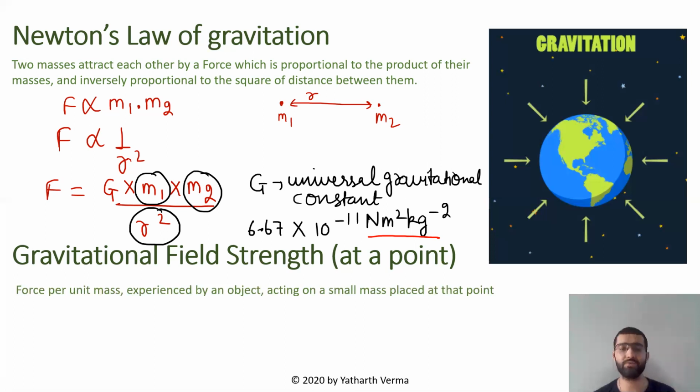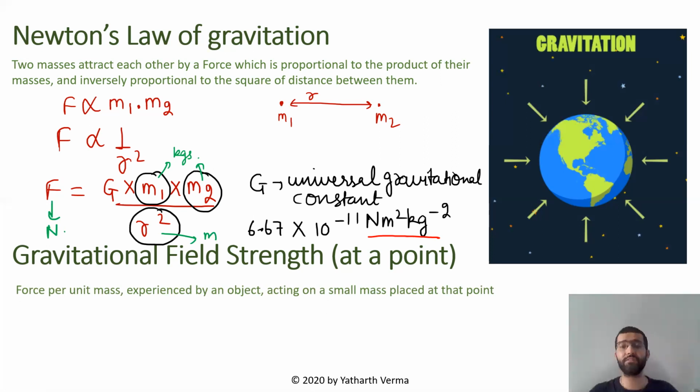Thing to note here is that mass has to be in kgs, r has to be in meters, and in that case, the force comes out to be in newtons, right? So this is Newton's law of gravitation.